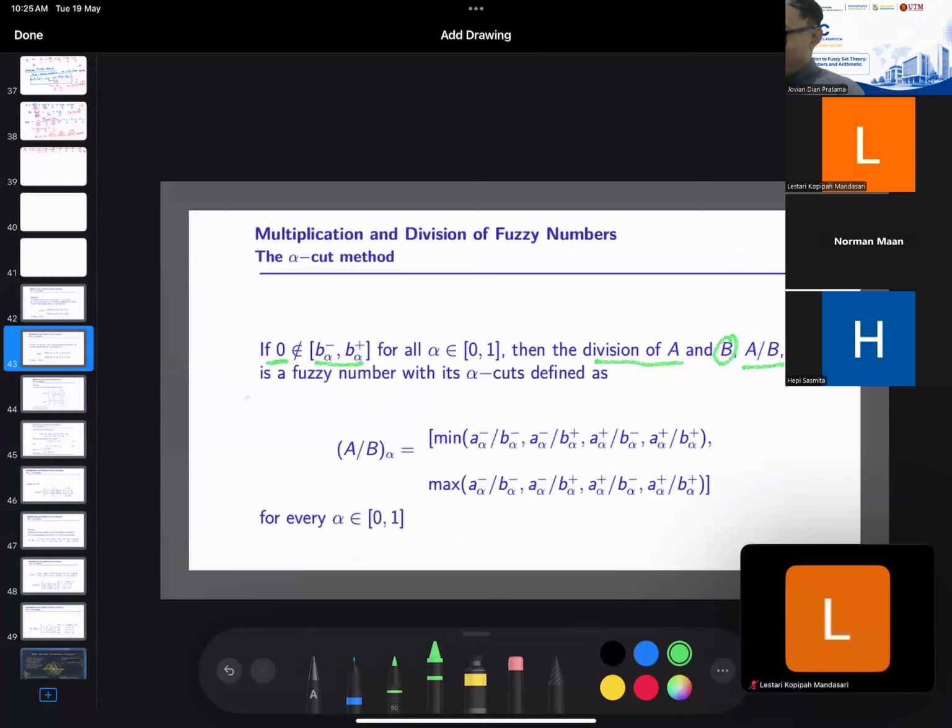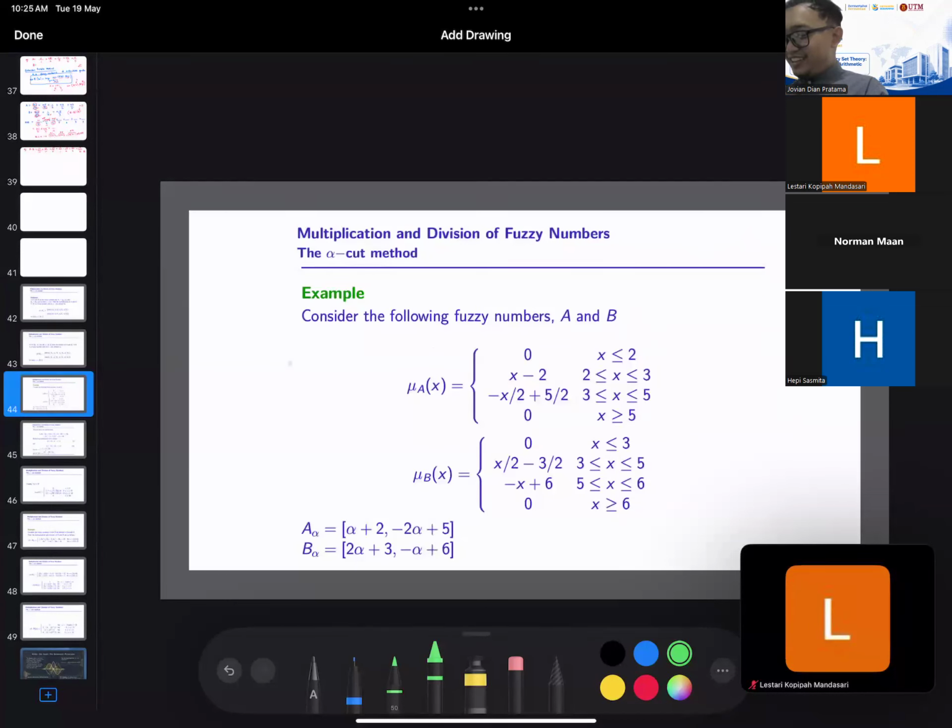So now we go to this example. We have two fuzzy numbers A and B, which are described by these membership functions here.